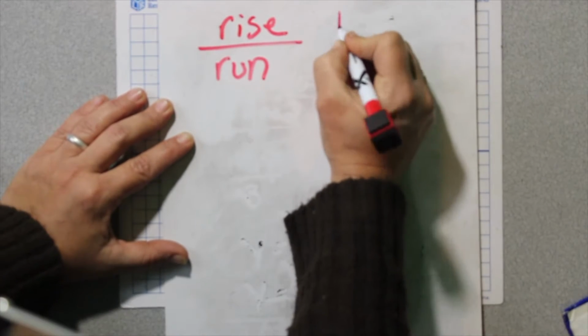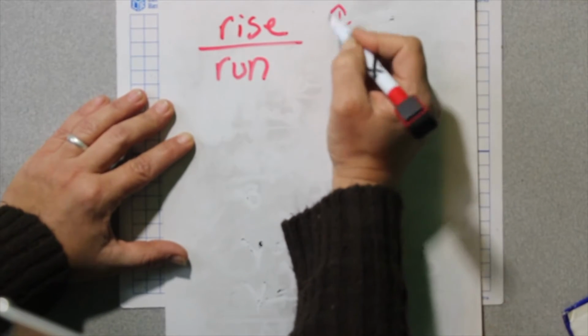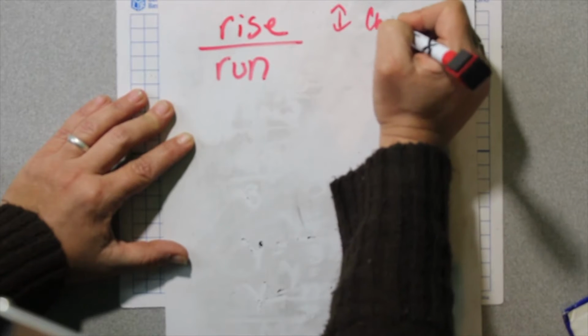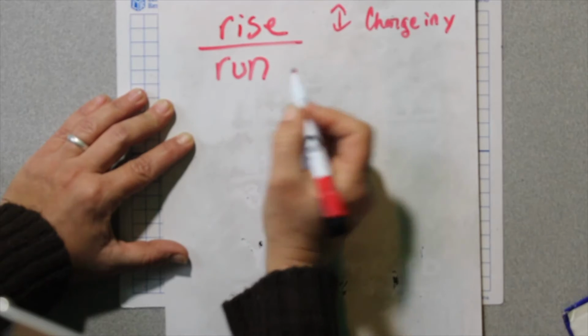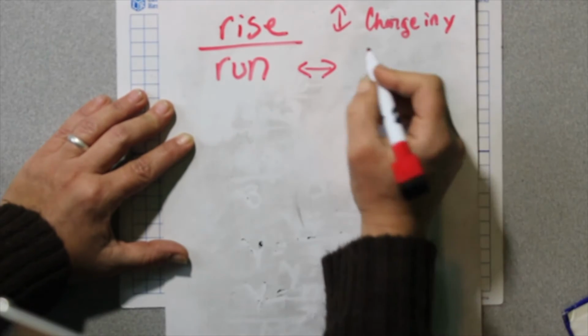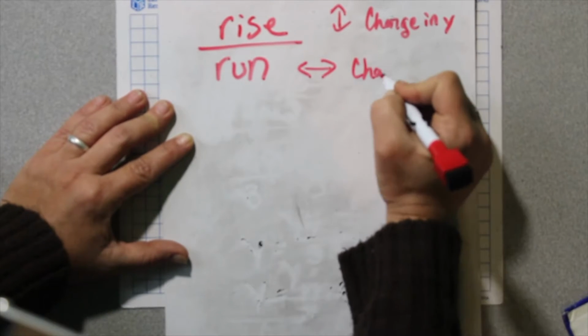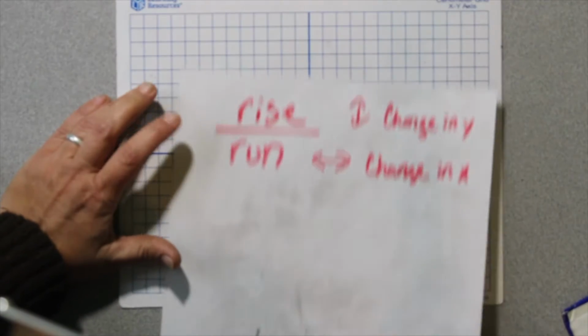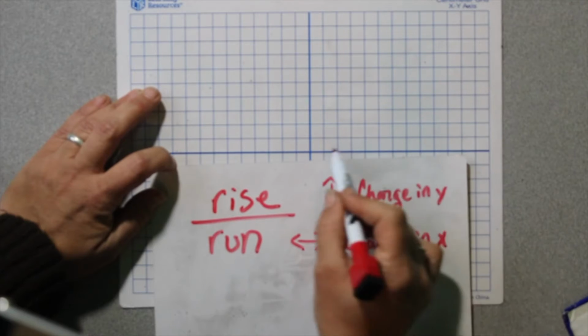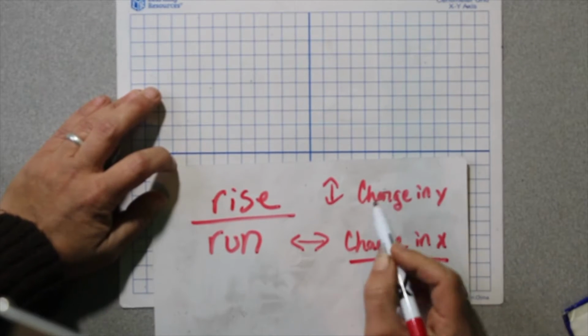Rise is how much we're going up and down. That's our change in y. And our run is how much we're going back and forth. So that's going to be our change in x. So how much do we change from one point to another on our x, and how much do we change on our y?